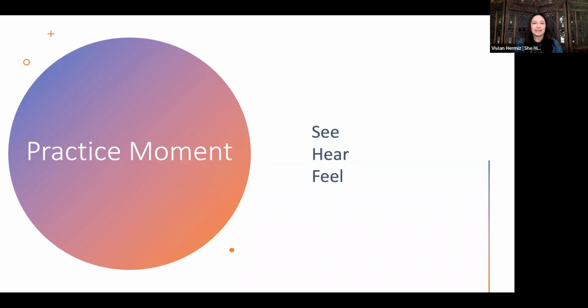So we'll start with see out. And seeing out, we're looking out into the world, taking in images, objects, noticing any and all colors, shapes, shades.